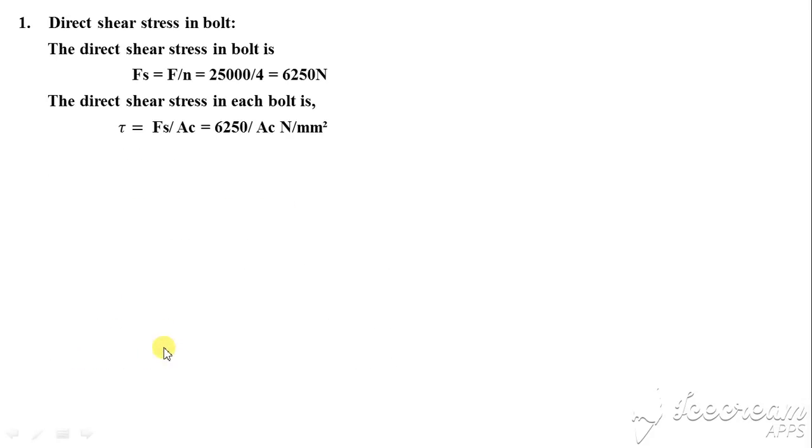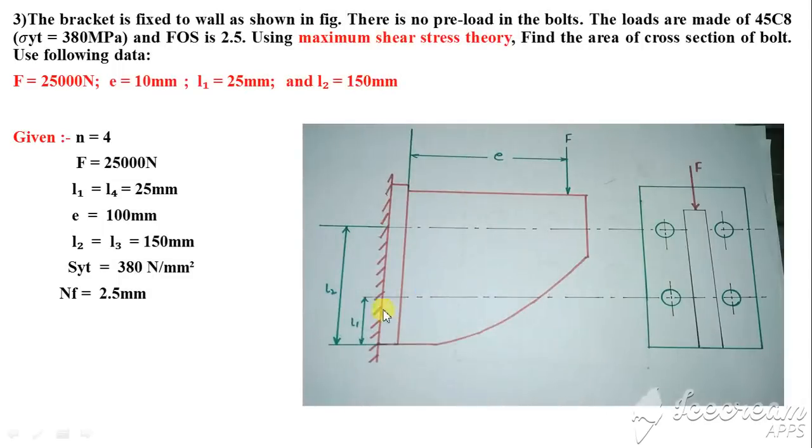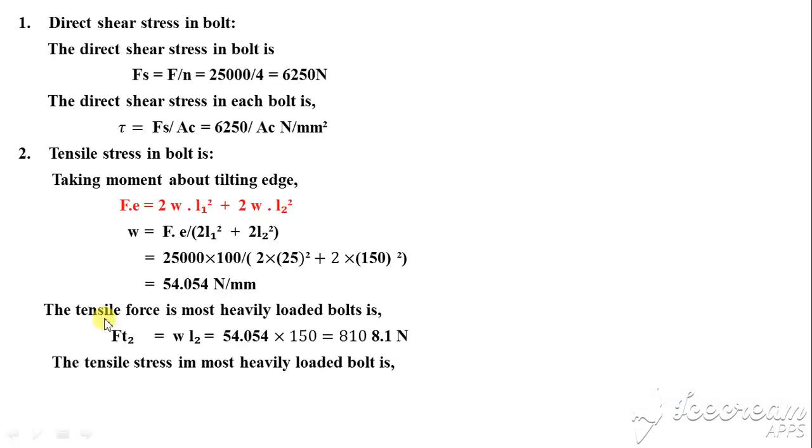Because from the diagram you can see this is bolt number 2, means this and this. These two bolts are subjected to maximum force, as we design the bolt, compared with 1 and 4. So here I am considering bolt number 2. So that is W into L2. That will give you the value of tensile force in the most heavily loaded bolt.